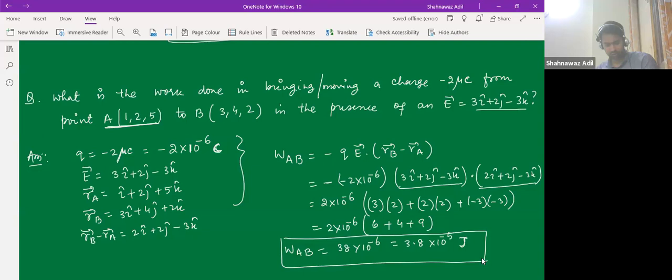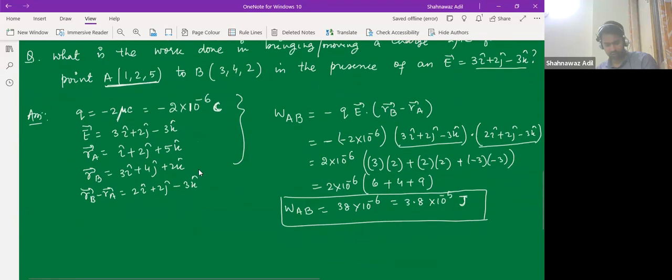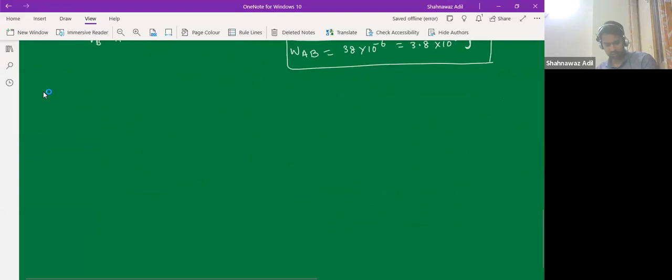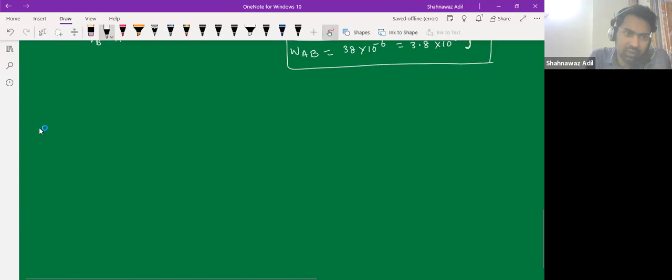Okay. So now let us remember this thing. This is an important result to understand. The work done is also related with the potential difference.